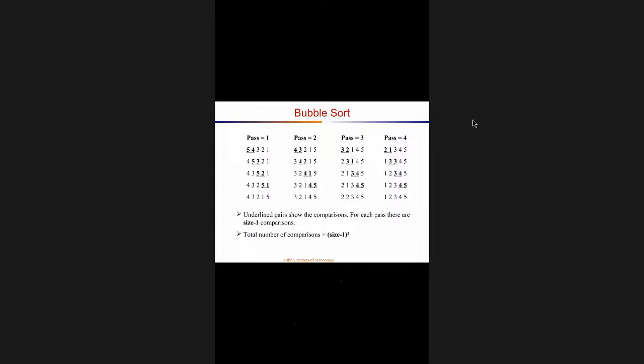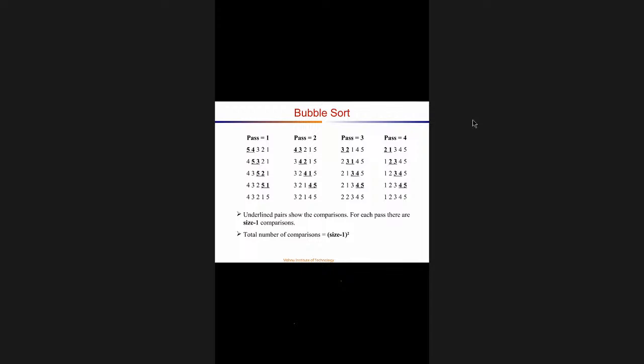Again, you start the third phase. In the third phase, the aim is that the third largest element is placed in the n minus 2 position. So you check whether 3 and 2 are in increasing or decreasing order. They are in decreasing order: the largest value is placed first and the smallest value next, so immediately you apply the swap.